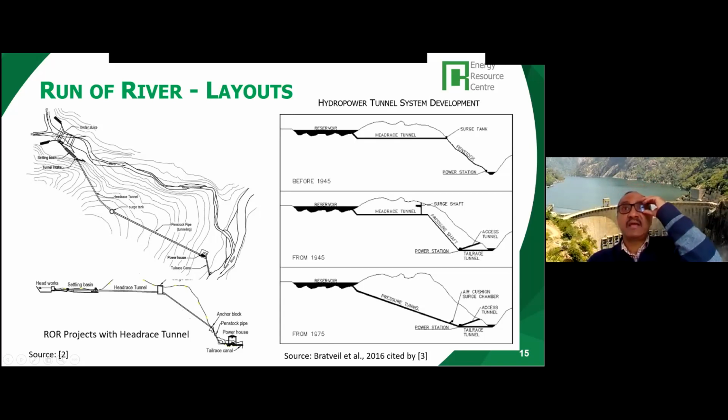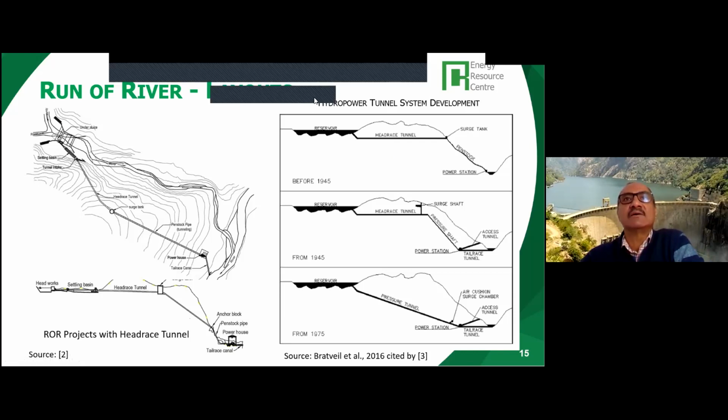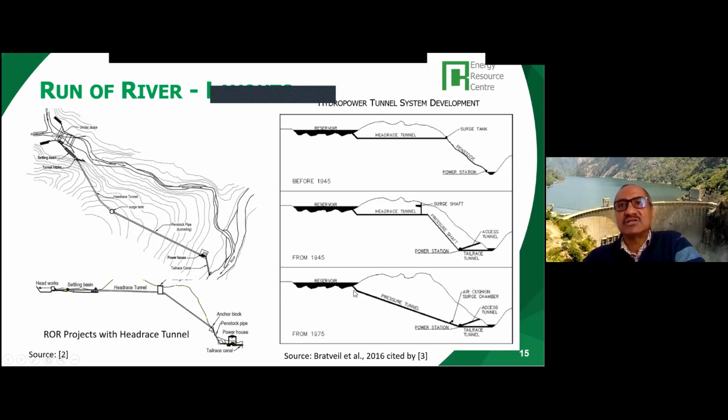Tunnel development started in the mid-1900s. Initially, most of the tunnels were horizontal tunnels, but after some development, we are also using pressure tunnels, as I mentioned, since 1975 or so, in the 70s.